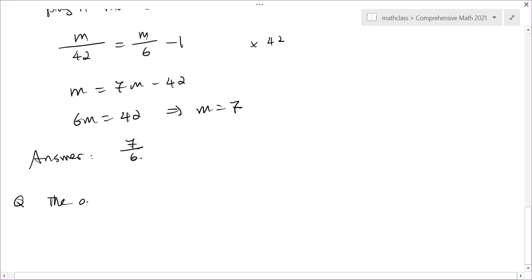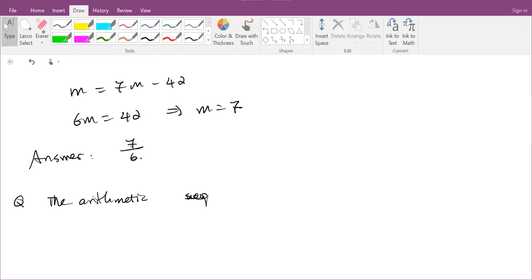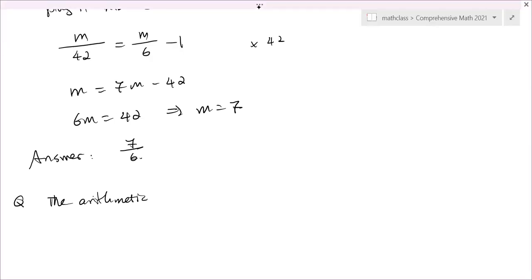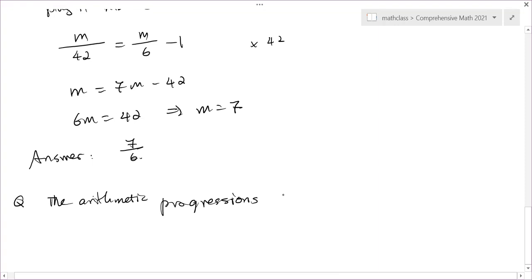So here's a question about the arithmetic progression.